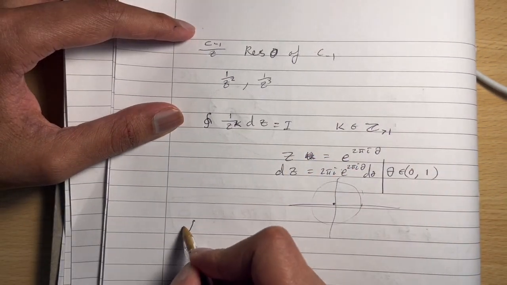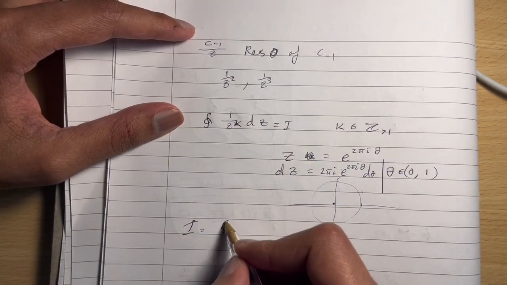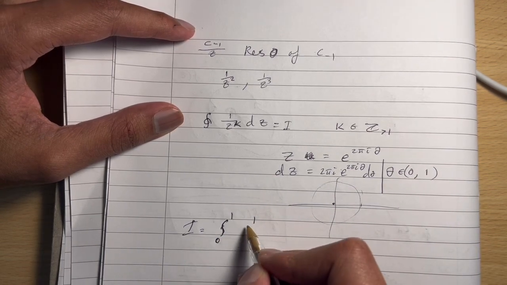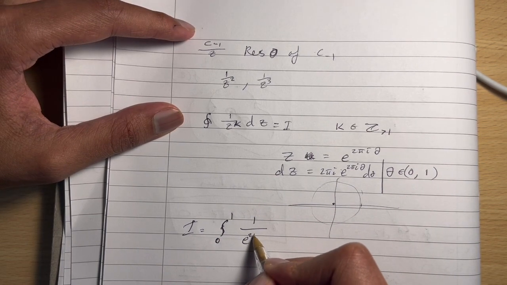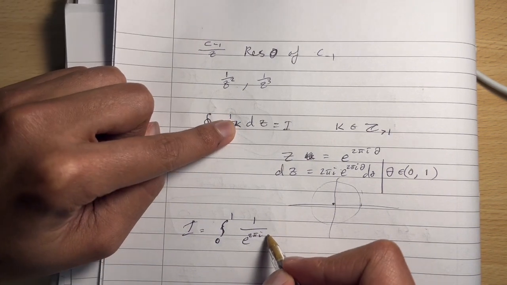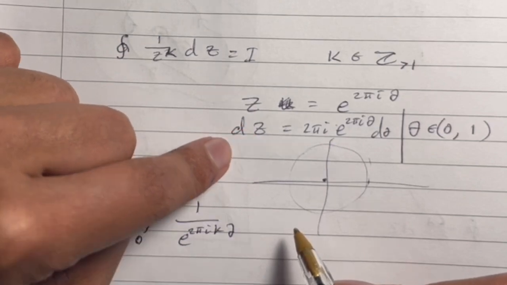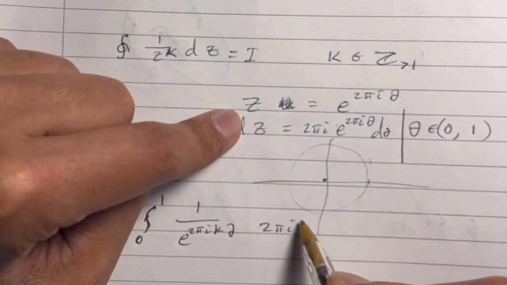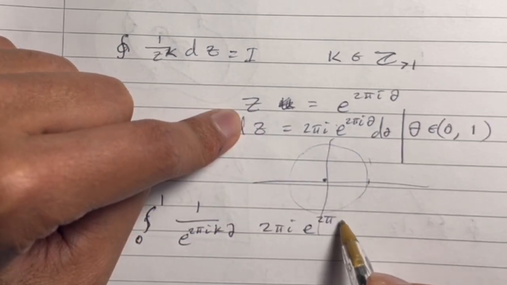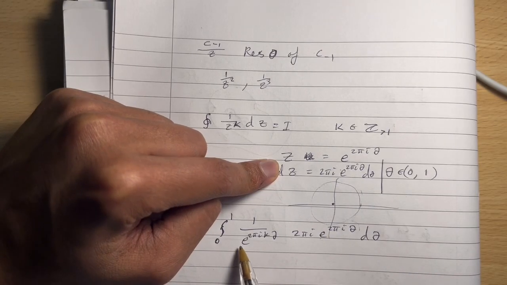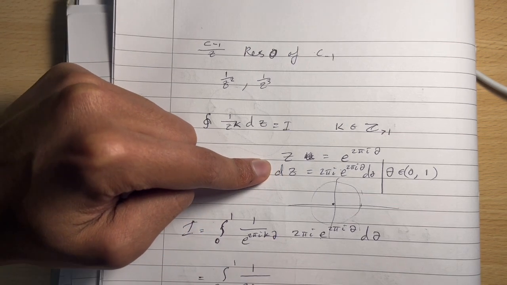So now we've used the substitution, we can go from 0 to 1, 1 over e to the 2 pi i to the power of k theta, and we have the dz, which is now 2 pi i e to the 2 pi i theta d theta, and this cancels one of the powers of k, so we get e to the 2 pi i k minus 1 theta.